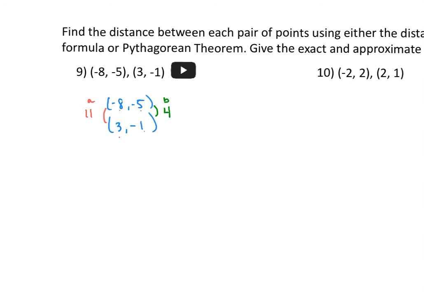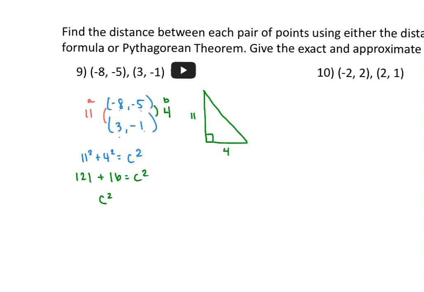So now I have my 2 legs. Now I can use Pythagorean theorem. So this is essentially a triangle that's 11 and 4, like this. All right, using Pythagorean theorem, it's 11 squared plus 4 squared equals c squared. 11 squared is 121, 4 squared is 16.